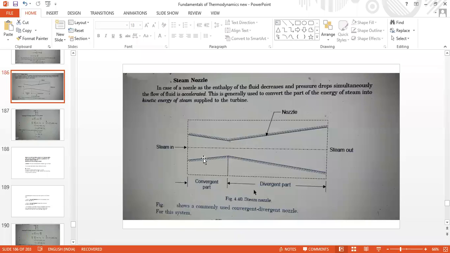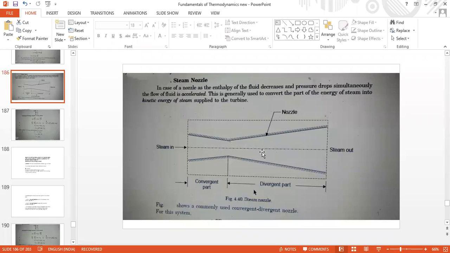A convergent portion is where the diameter decreases from larger to smaller. The portion which increases in area, from smallest area to the largest area, is called the divergent portion.